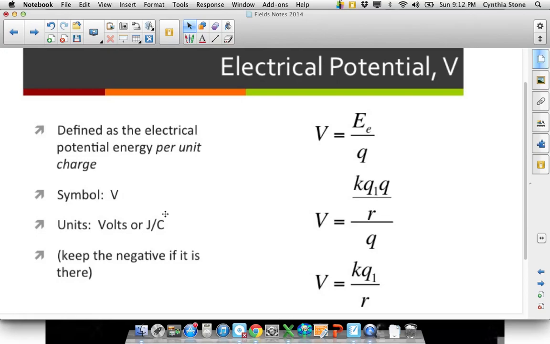And similar to the electrical potential energy, if the Q is negative, then the potential energy is negative. And again, that means that, if I've got some positive charge, it's how much energy one positive coulomb of charge would feel in a certain location.